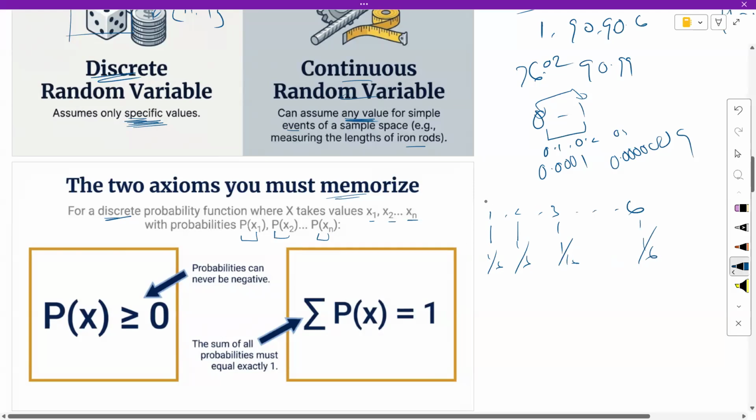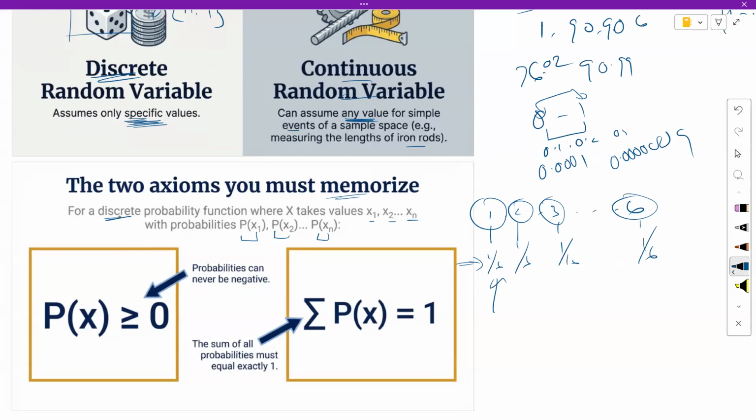So each outcome has its own probability. In this example, all probabilities are equal, but it's not always true for a discrete probability function. Right? Not necessary to be equally likely, not necessary. The thing is, the probabilities can never be negative.